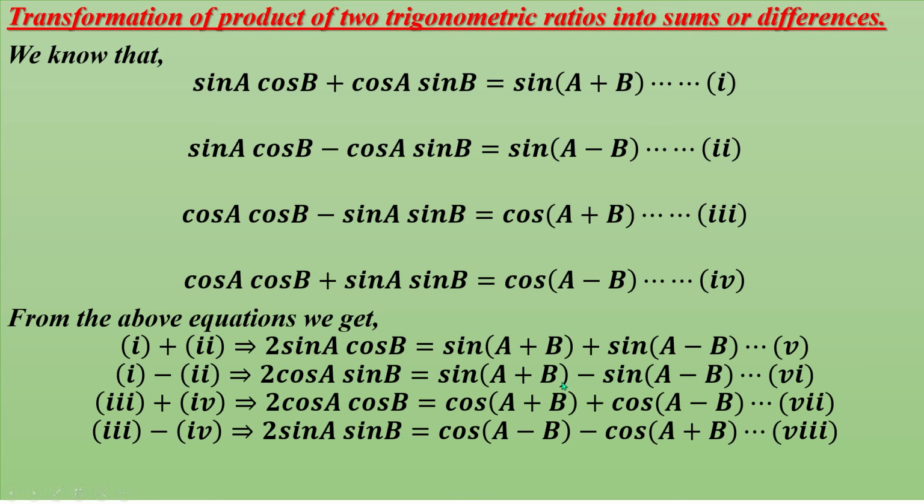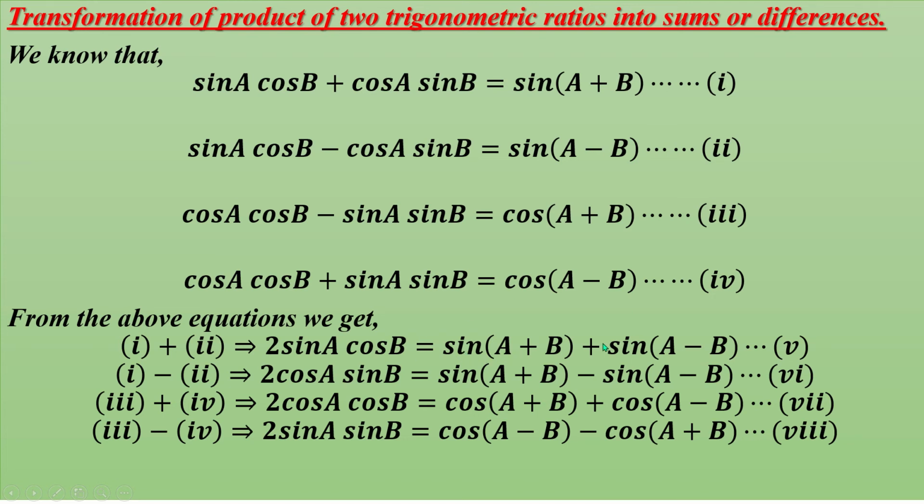But when we let a plus b equal to c and a minus b equal to d, as a result this side will be sin c plus sin d, because we have let a plus b equal to c and a minus b equal to d. So right side, or we can convert this into left side, no problem.